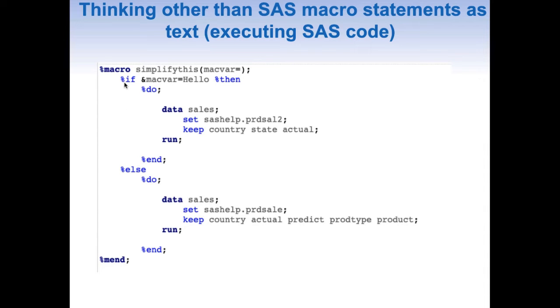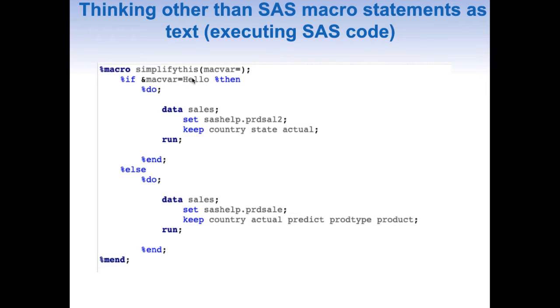Here I am having %if %then %do. When this condition matches, I want to have data sales; set sashelp.pid_sale_12; and I want to keep some variables, followed by a run statement and then %end for this %then %do.